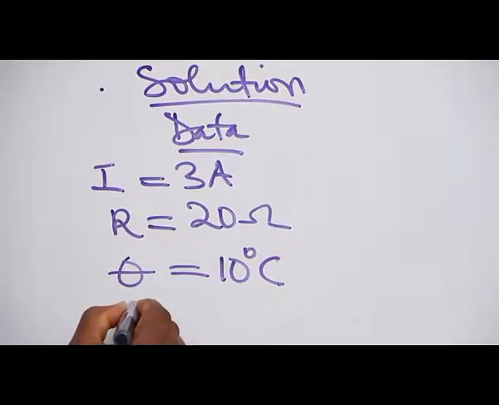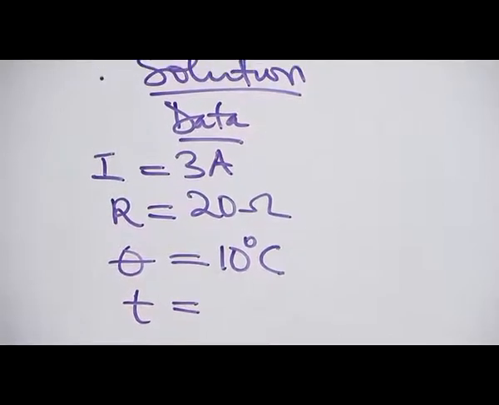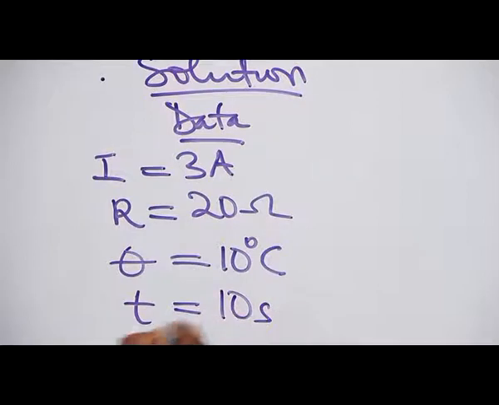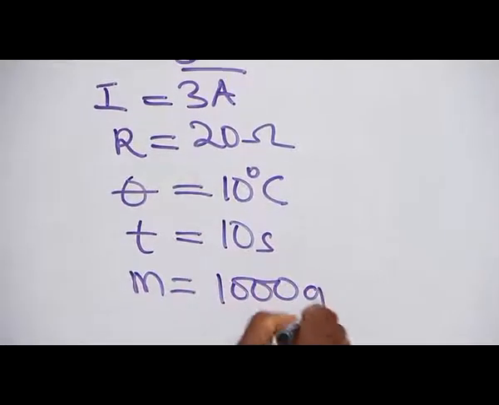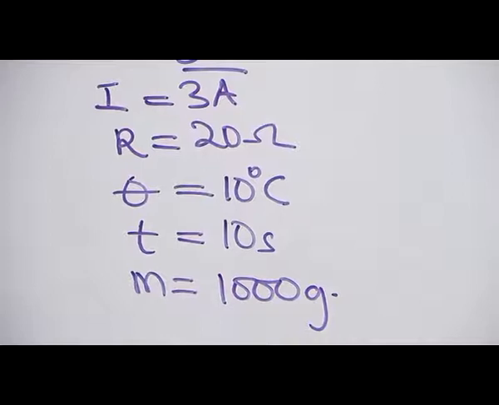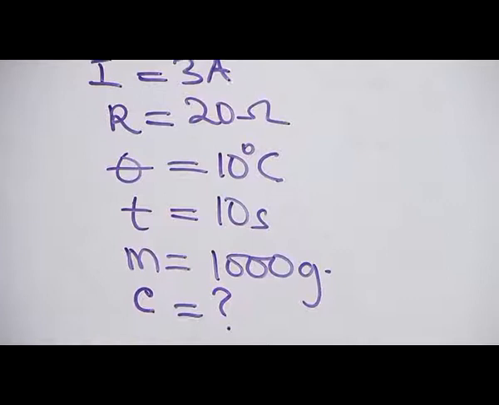The time interval is also given as 10 seconds. And of course, the mass of the oil is given as 1,000 grams. We are asked to find the specific heat capacity, c.